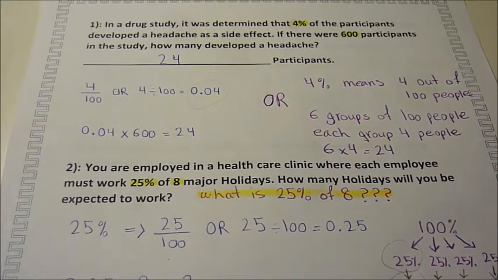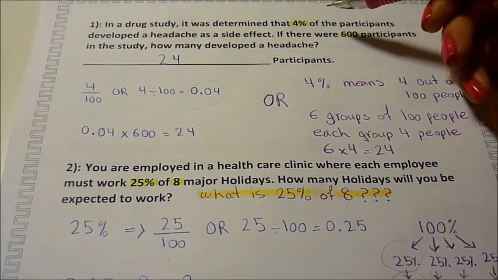The first question says, in a drug study, it was determined that 4% of the participants developed a headache as a side effect. If there were 600 participants in this study, how many developed a headache? The first thing you need to do is convert 4% to a decimal number.